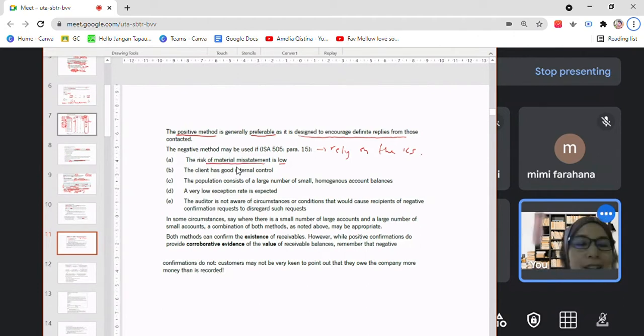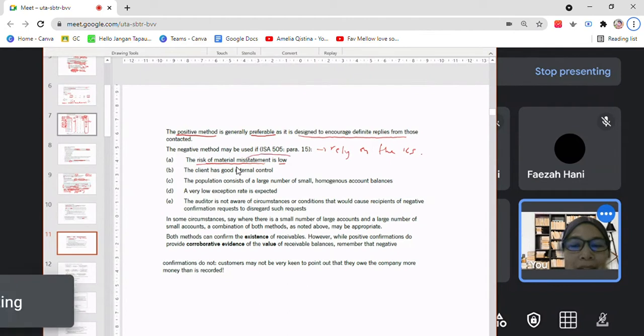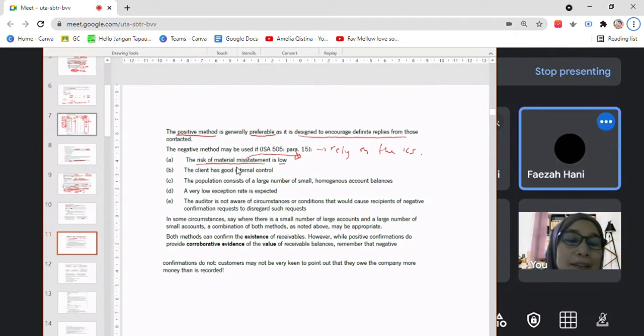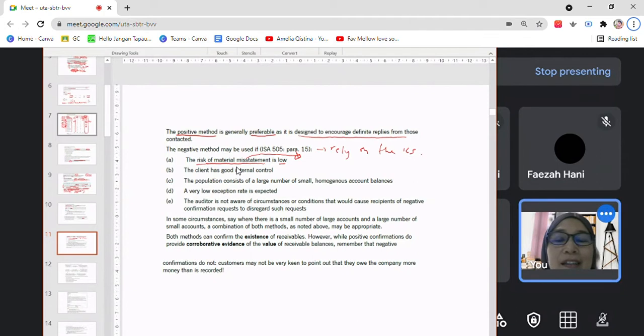Pak Izzah? What is the risk of material misstatement? Yes, madam. Risk of material misstatement comprises what? Pak Izzah? Don't forget, risk of material misstatement, Pak Izzah. Which one? Can't hear?